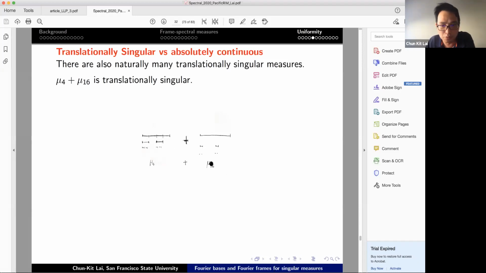The support of mu 1/16 is just a subset of that of mu 1/4. And then I add them together. So this part has positive measure, but if I translate it into the mu 1/4, it becomes zero measure. So that will be singular. So you have a set of positive measure, but after your translation, it becomes singular. So that's actually the simplest example of translationally singular measures.